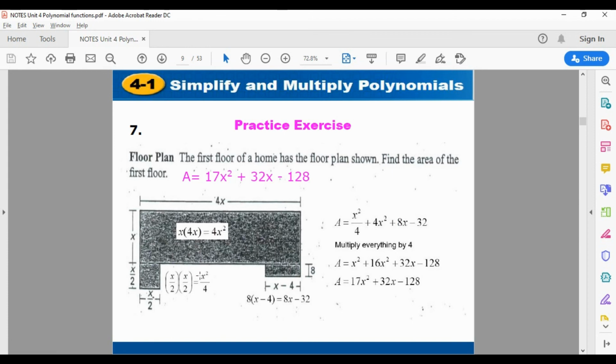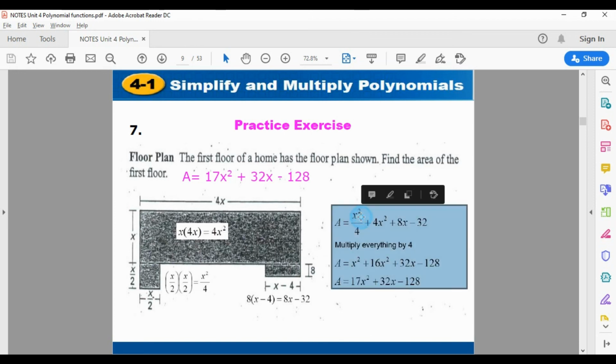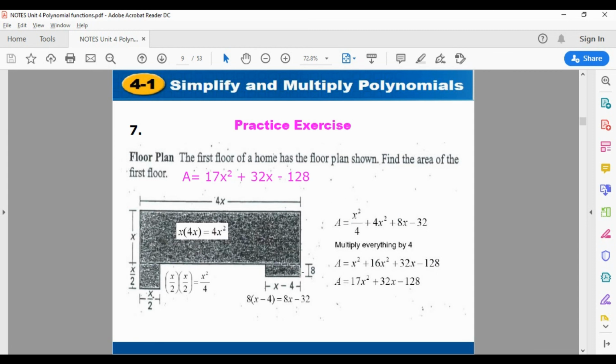So when you multiply those two together, you get x squared divided by 4, or 1/4 x squared. And so then there is that term. And then finally, we have this third rectangle. This is 4x minus 4 times 8. So multiply those together, you get 8x minus 32.